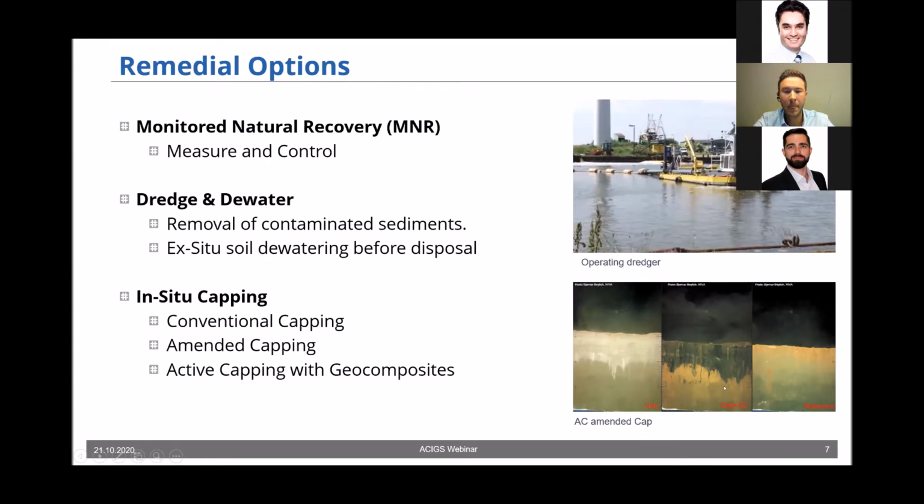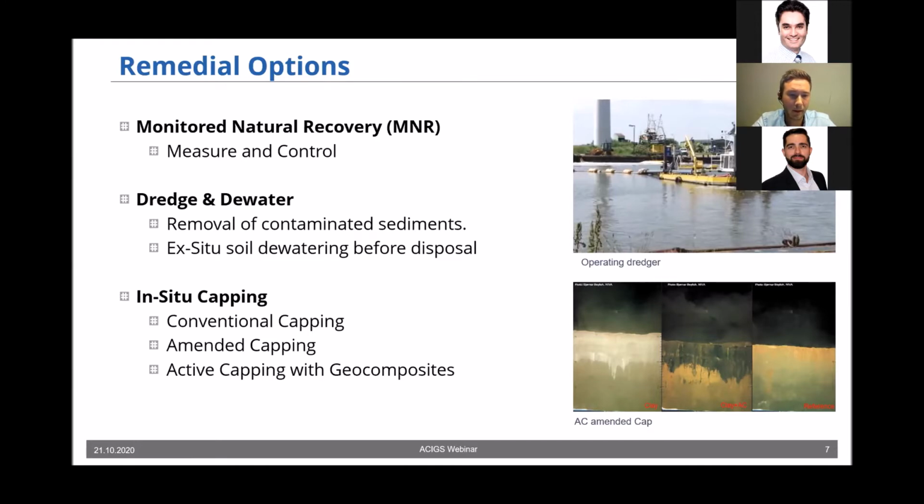Here you can see that in an amended cap, different active materials can be mixed into the sediments in order to get a chemical isolation. This black active material here is an activated carbon that is mixed into the sediments to have this isolation layer.